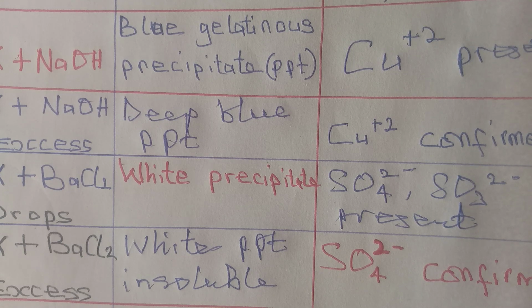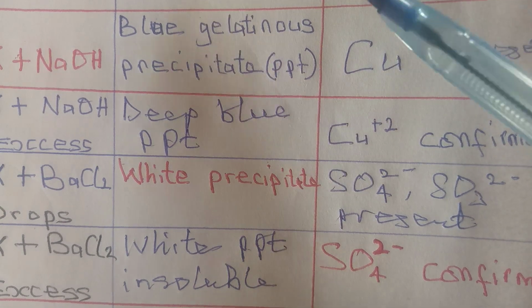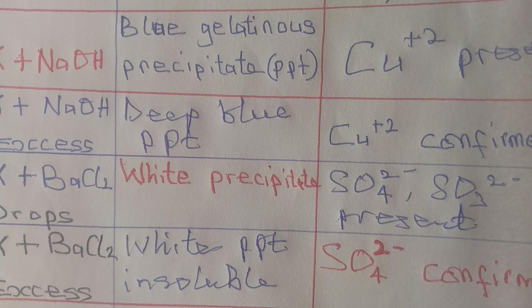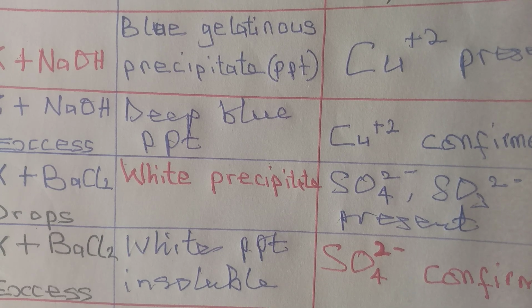So in that case, we've been able to fill in the blank spaces. So it's all about sense. It's all about applying common knowledge you have acquired from the tests you've done so far.